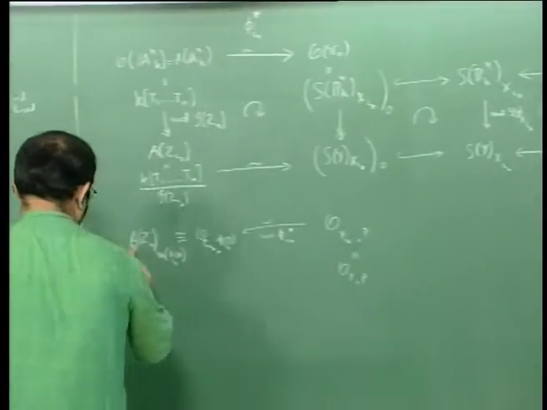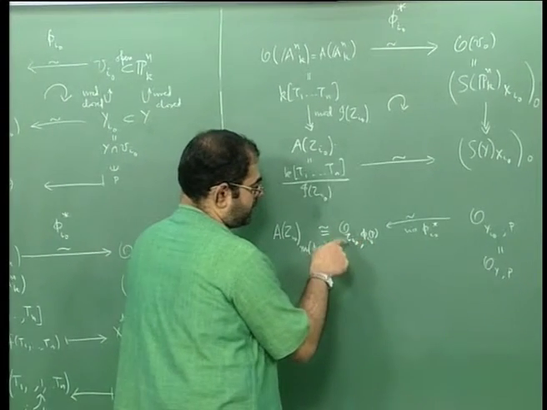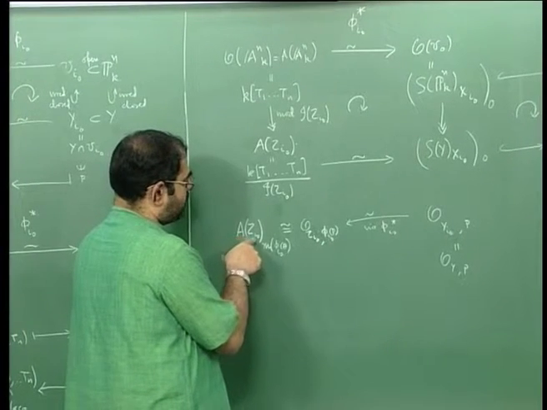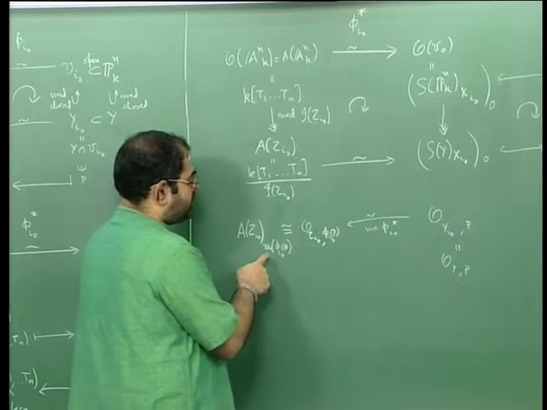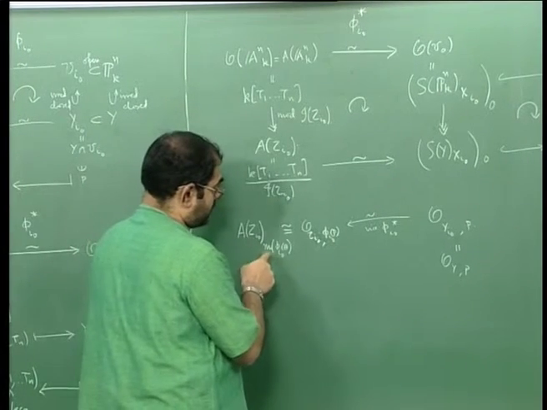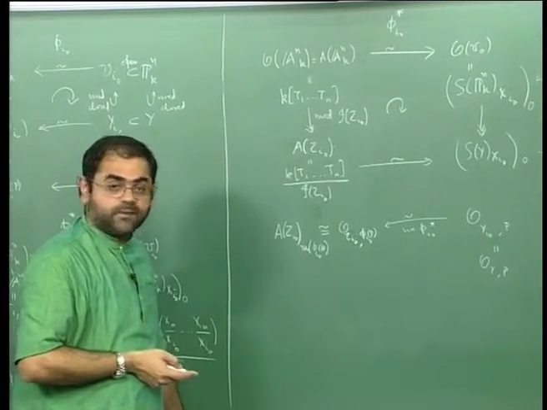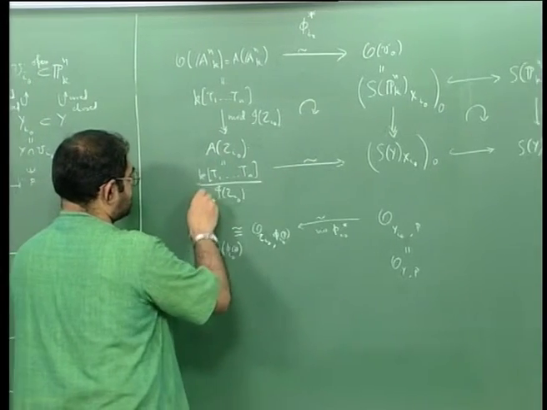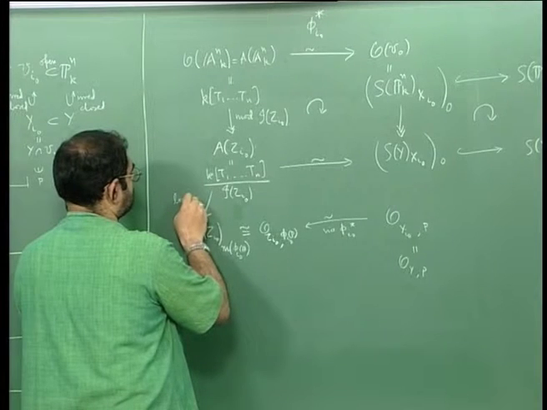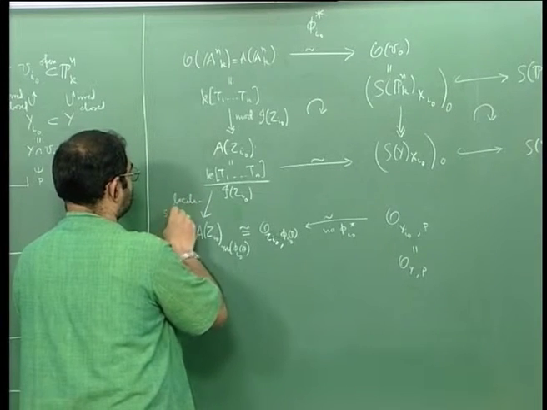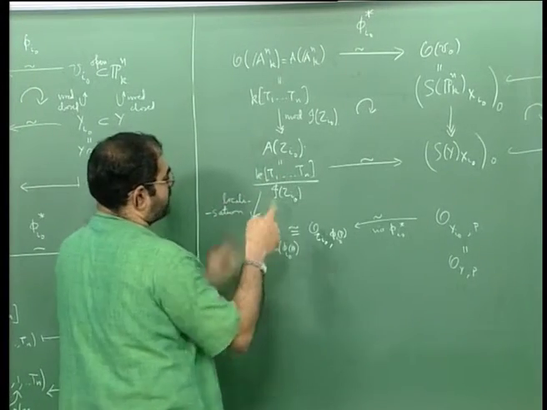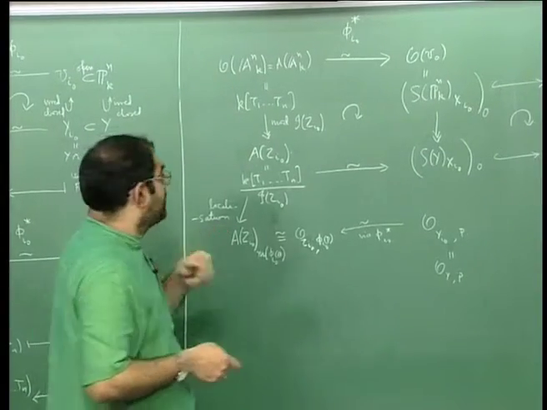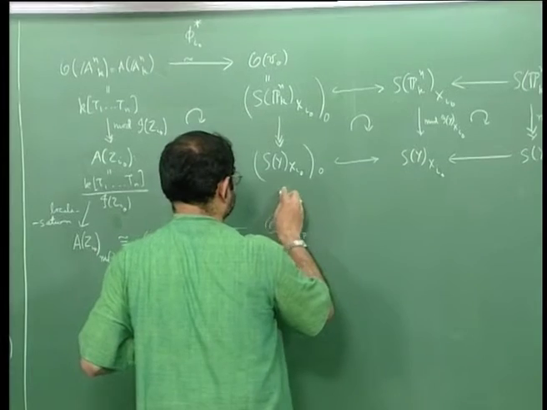So the local ring of zi naught at phi I naught of P is just the localization of the affine coordinate ring of zi naught, which is A zi naught, at the maximal ideal m of phi I naught of P corresponding to the point phi I naught of P. Of course, this map is the localization map from the ring of coordinate functions to its localization, and similarly this will also be the localization map.